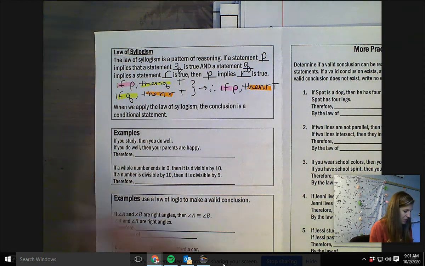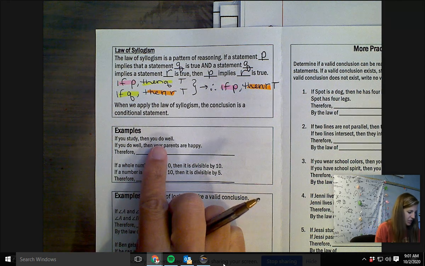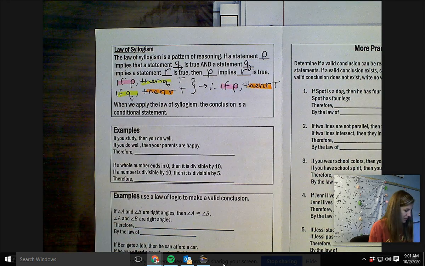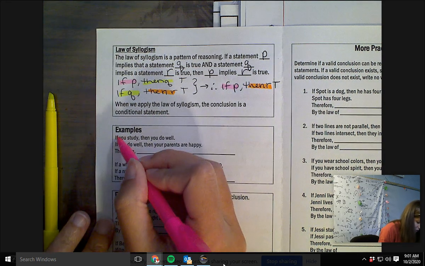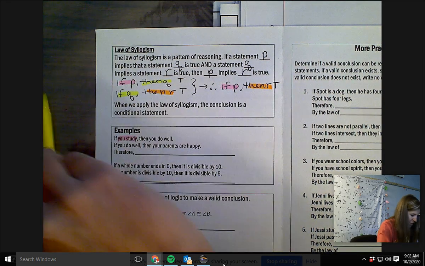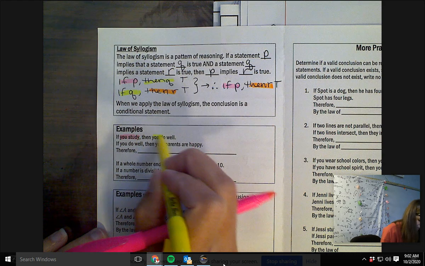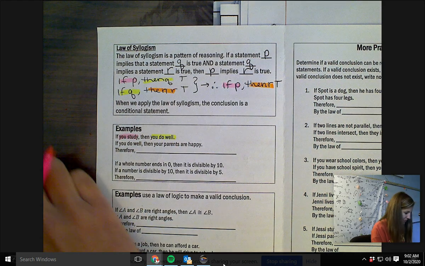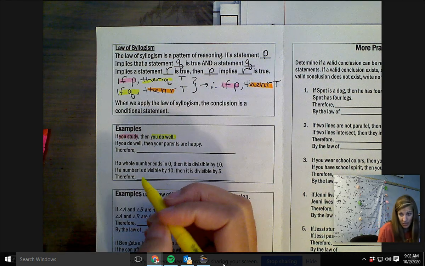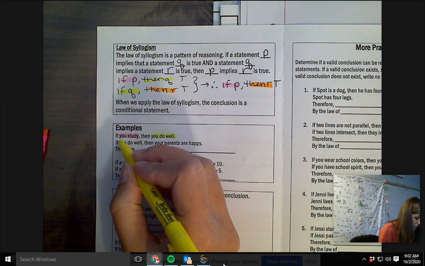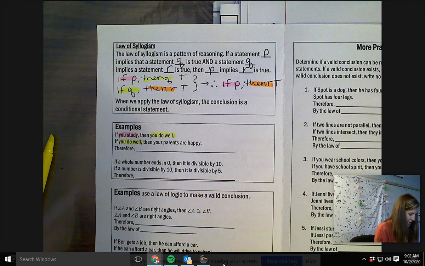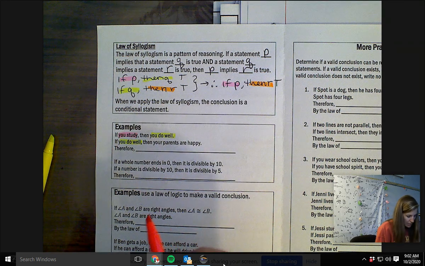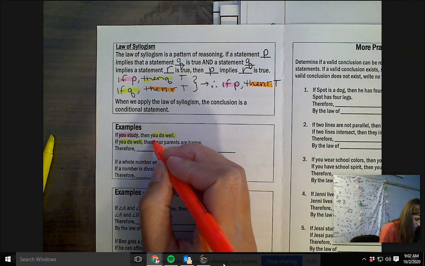Okay, so some examples. If you study, then you do well. So we have our hypothesis, you study, and our conclusion is you will do well. That's generally true. And then our other conditional statement says, if you do well, which is the same as that one, then your parents are happy. Now that's not stated anywhere else, so that's why it gets a new color.